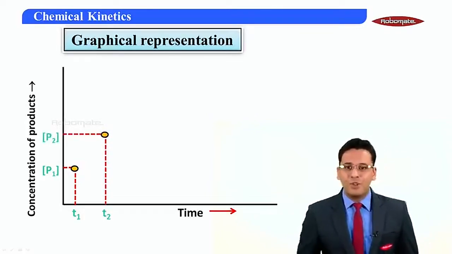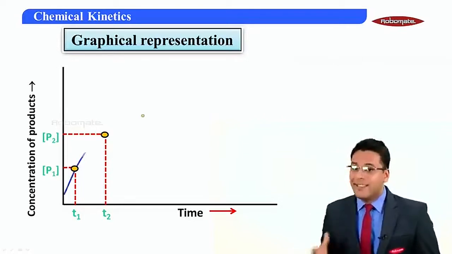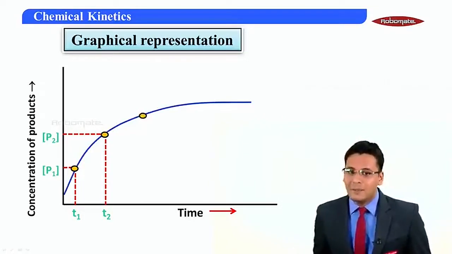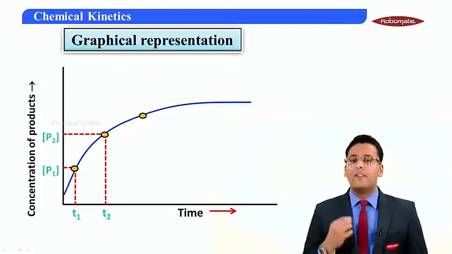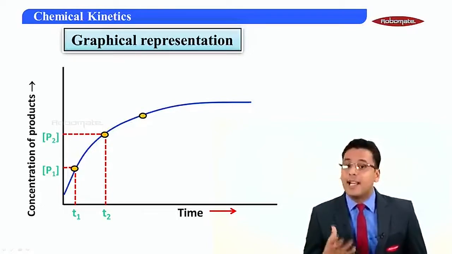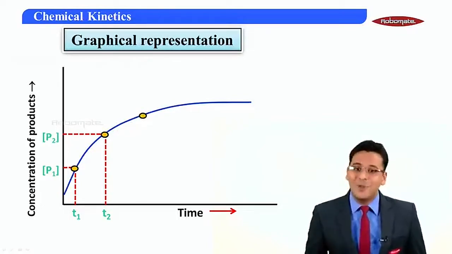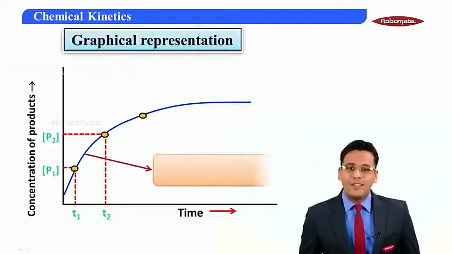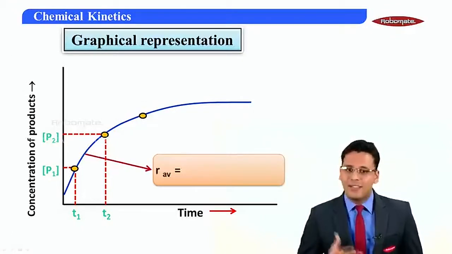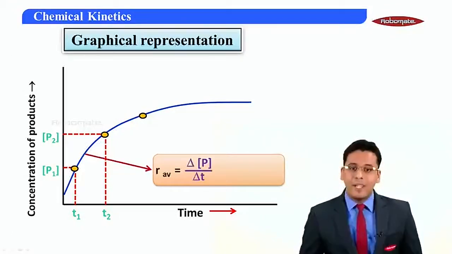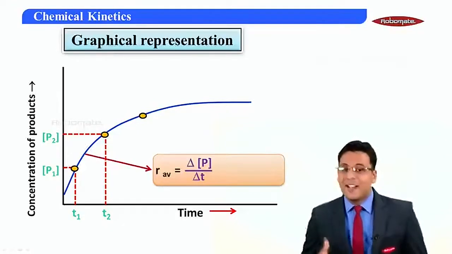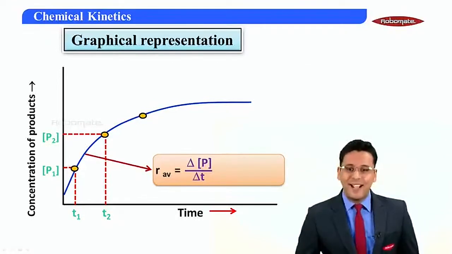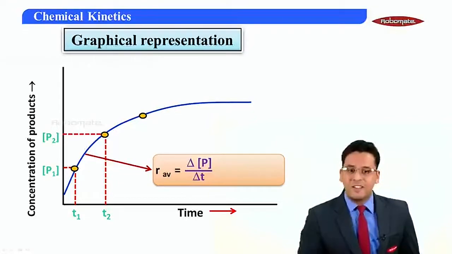And if I were to draw an entire profile of the graph, this is what it will look like. Once again, if we want to find the average rate between T1 and T2, all we have to do is, our average rate is nothing but delta P upon delta T. A positive sign indicating that the products are increasing with time.